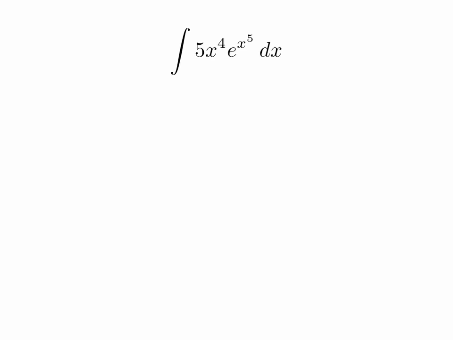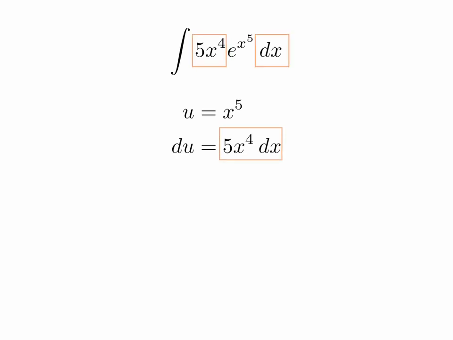In your second problem, you had to integrate 5x to the fourth times e to the power of x to the fifth power dx. This requires a u substitution, so we let u be equal to x to the fifth power, and then du becomes 5x to the fourth dx. If we do this, we substitute u as x to the fifth power, and we have left 5x to the fourth dx, which is exactly our du.